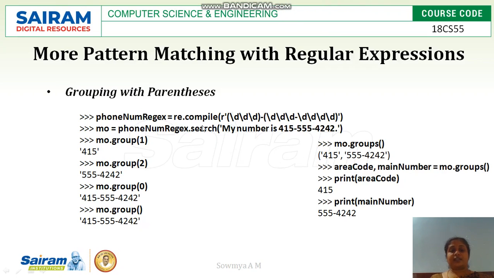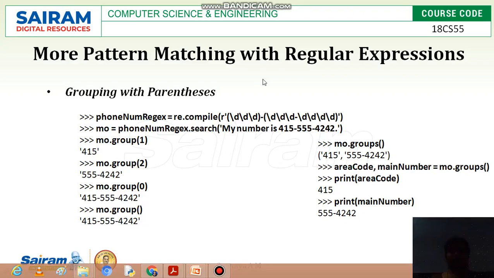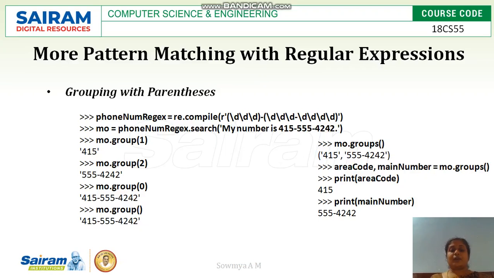So in re.compile, if you cover the regular expression with parentheses, then it is converted to one group. We can call it by passing the group number, once the regular expression is grouped with parentheses.